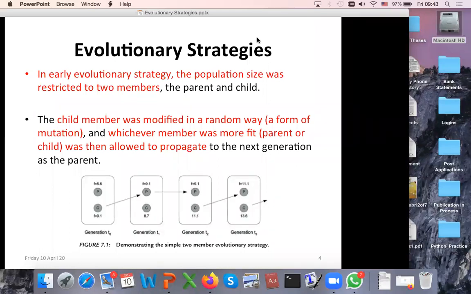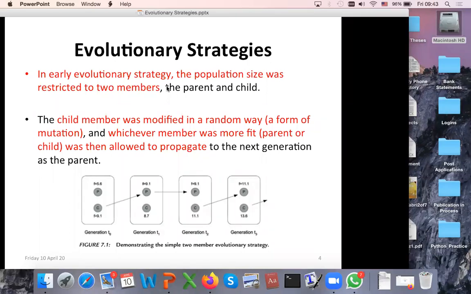Those 2 members were the parent and the child, as you are seeing in the first statement on this slide. In the beginning, there was no name for the genetic algorithm, and most of the strategies which are a little bit intelligent.